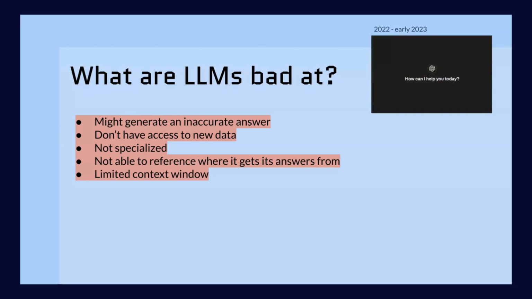And it's not able to reference where it gets its answers from. And it has a limited context window. So if you have maybe a 200-page research paper or a bunch of research papers, you couldn't just throw it all into ChatGPT and expect it to understand everything. It can only understand whatever context window it was trained at.